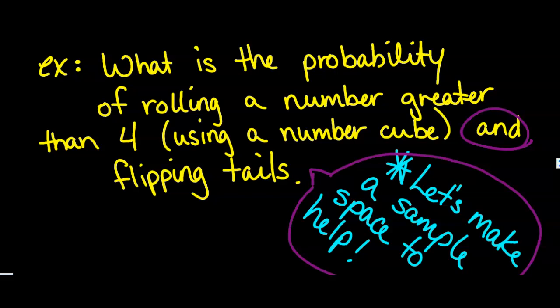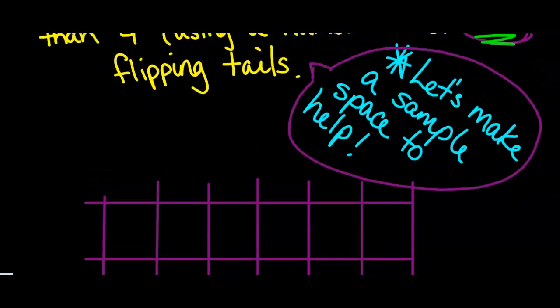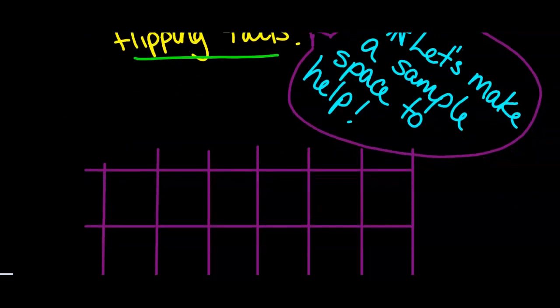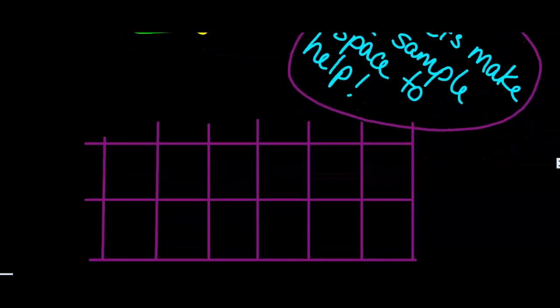In this example, it says, what is the probability of rolling a number greater than 4 and flipping a tails, assuming the coin is fair? So we can make a sample space to help us answer this problem. Quick refresher on sample spaces. We're going to take the two events, rolling a number cube and flipping a coin, and identify all of our possible outcomes using this little table.